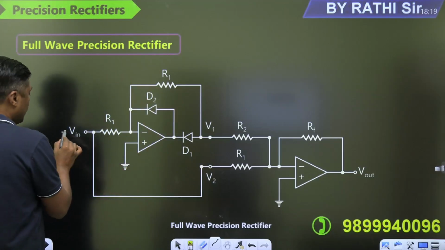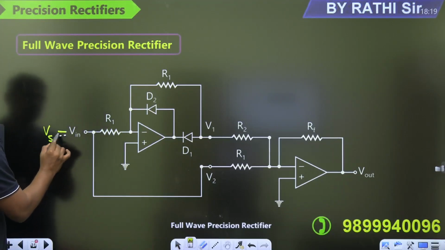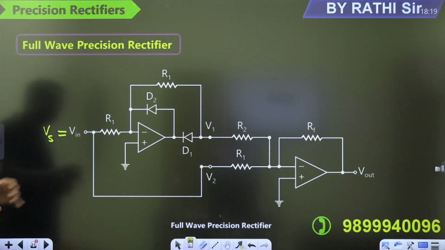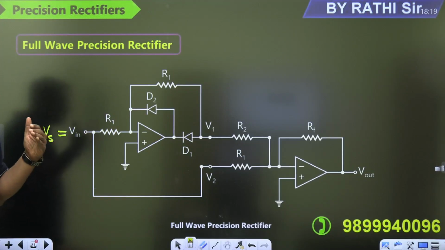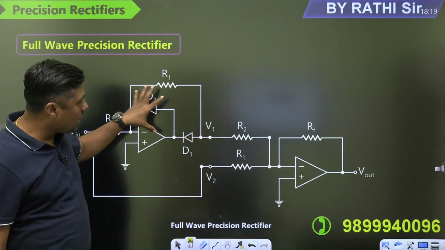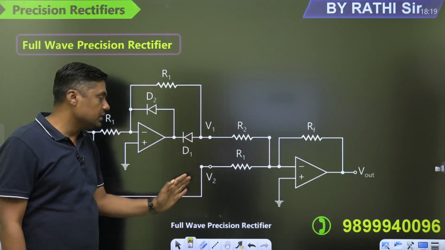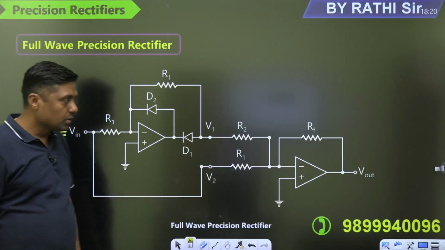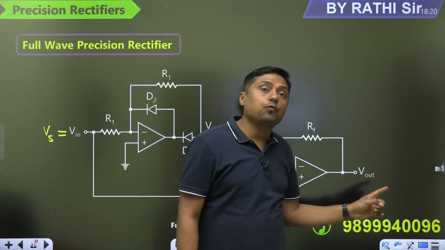Here the input, let Vin or Vs. Then this is R1, that is R1, D2 and D1. And here this input is connected here, Vs. The output of the half-wave rectifier, that is represented by V1, is also connected to the summer.